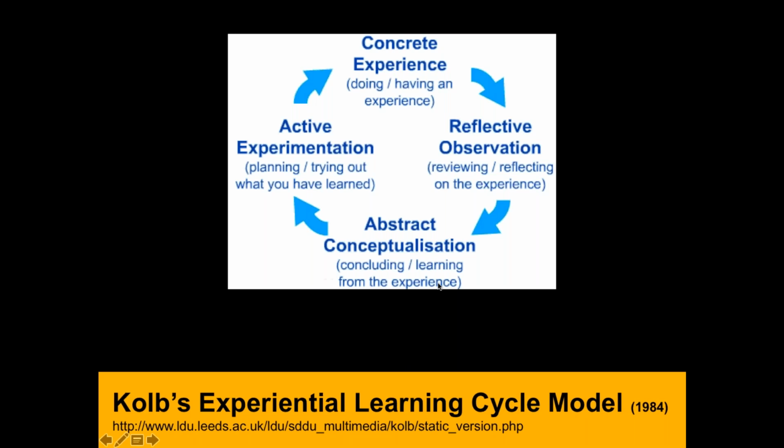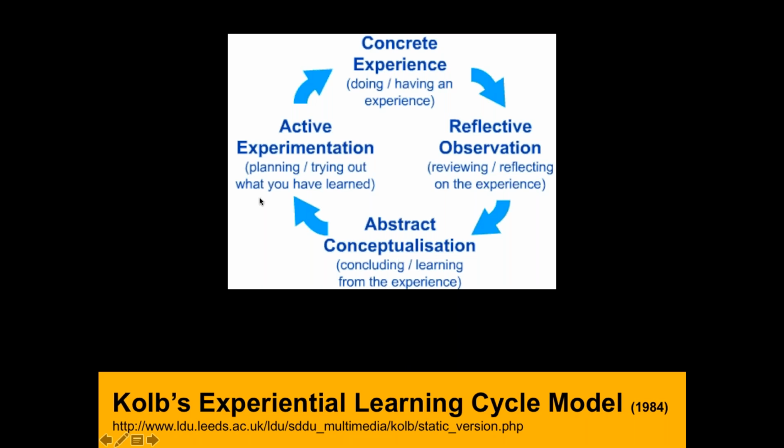For any learning cycle, this model is applicable. There is an abstract conceptualization that we're trying to learn or teach. And we want to make sure that this concept is learned or concluded through experience, rather than just listening to someone tell you. So that's the idea of experiential learning.